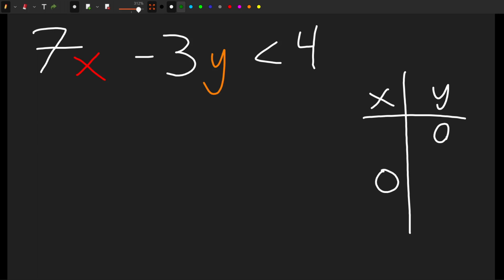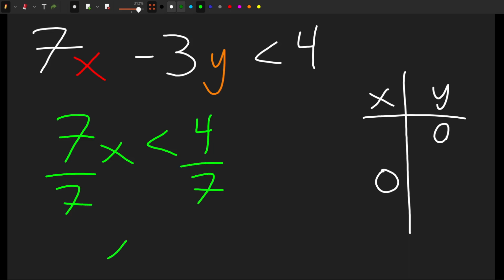Starting with my x-intercept, we're going to plug in 0 for y. And so that means I'm going to get 7x is less than 4. I'm going to divide both sides by 7 now. And I get x is less than 4/7.